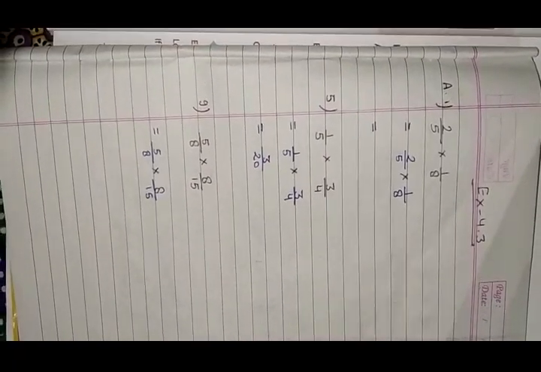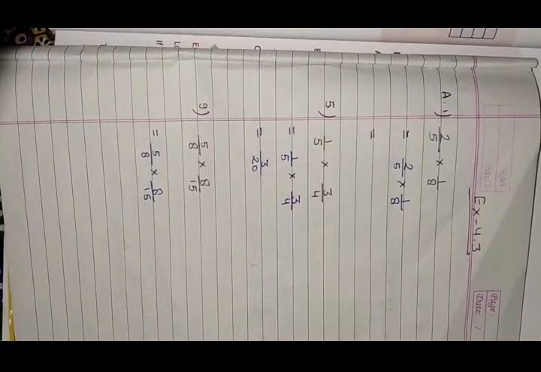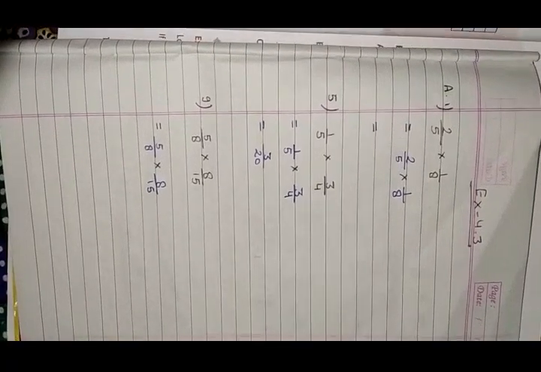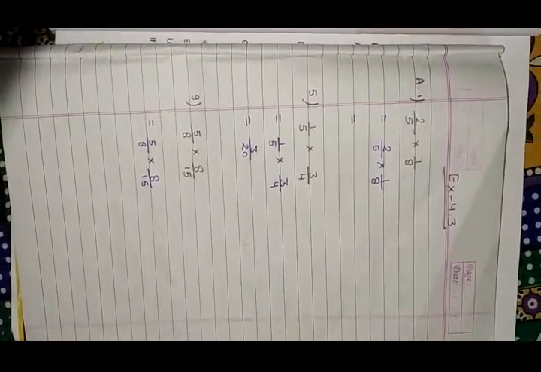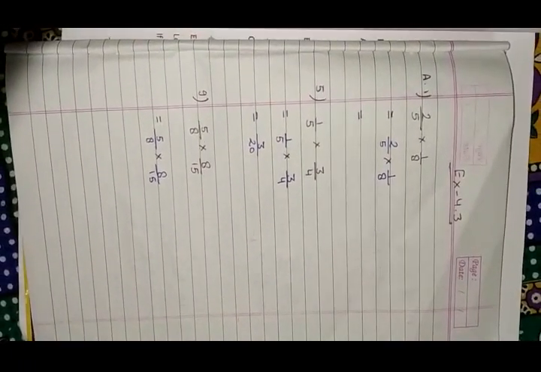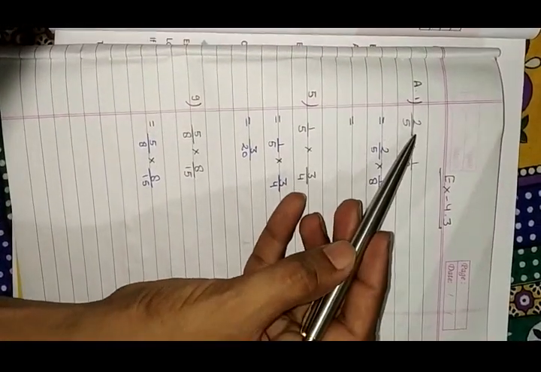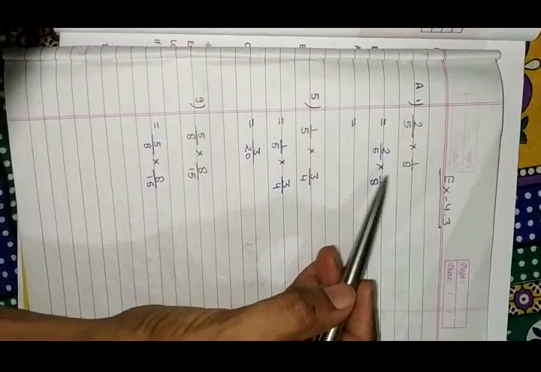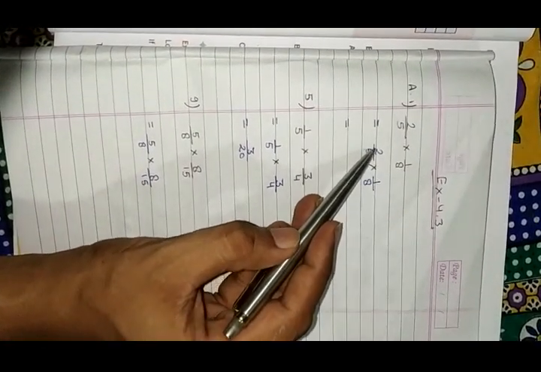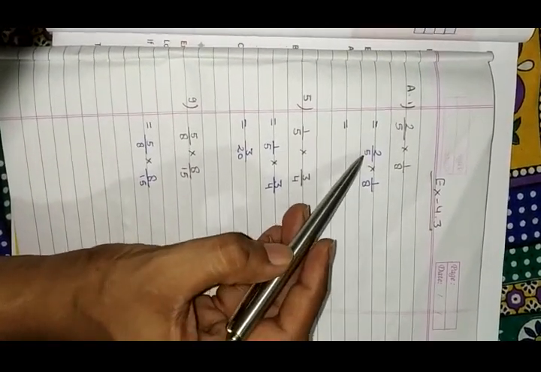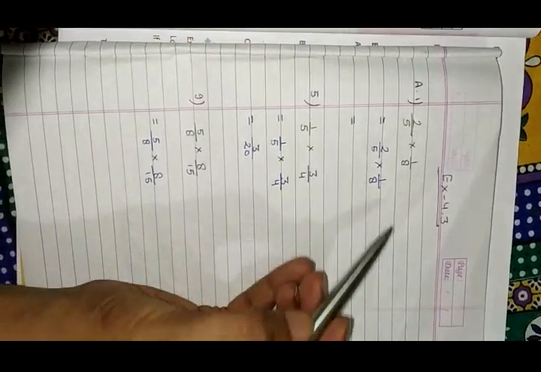First, 2 by 5 into 1 by 8. We have to cancel out the common factors in numerators and denominators. There are two fractions, 2 by 5 and 1 by 8. So there are two numerators, 2 and 1, and two denominators, 5 and 8.